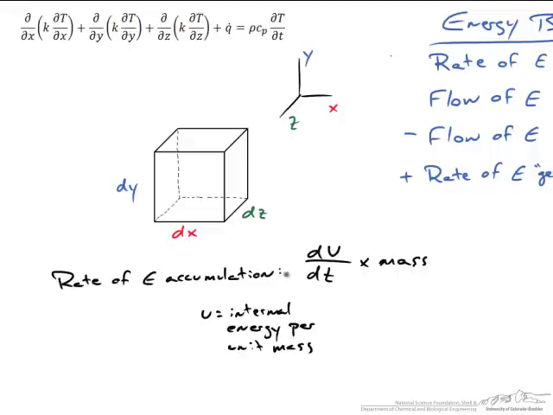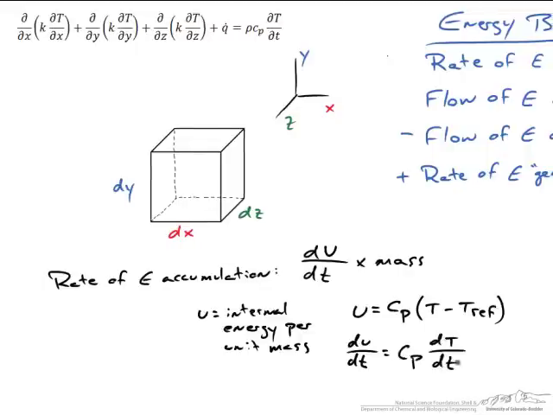So if you remember from your course in thermo, the internal energy per unit mass is equal to the heat capacity multiplied by the temperature difference from some reference state. So this reference state is completely arbitrary. It just depends on how you're evaluating U or how you're defining it. So the derivative dU/dt is simply the heat capacity times the rate at which temperature changes.